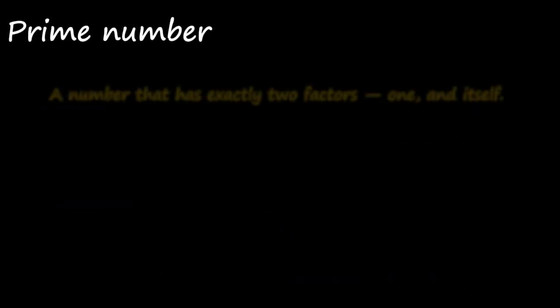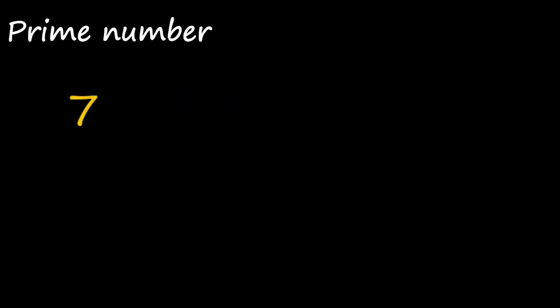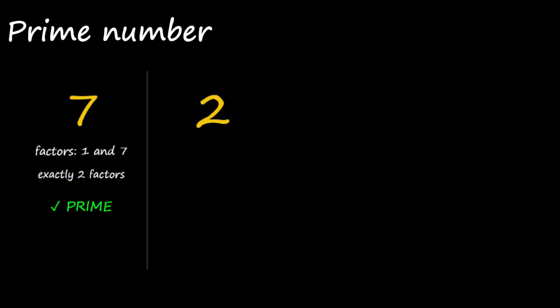What are prime numbers? A prime number is a number that has exactly two factors, 1 and itself. Let's check a few examples. The number 7, its only factors are 1 and 7. Exactly two factors. So 7 is prime. The number 2, factors are 1 and 2. Exactly two factors. 2 is prime. And it is the only even prime number that exists.